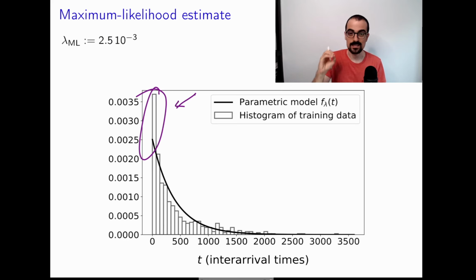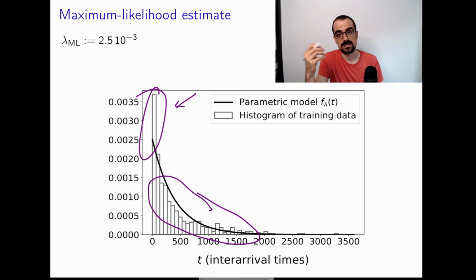There are many interarrival times that are very, very short, and that is not consistent with the values of the remaining inter-arrival times. So the assumptions that we made when we derived the exponential models don't hold exactly for this data. But this is the value of lambda that manages to fit the data best.